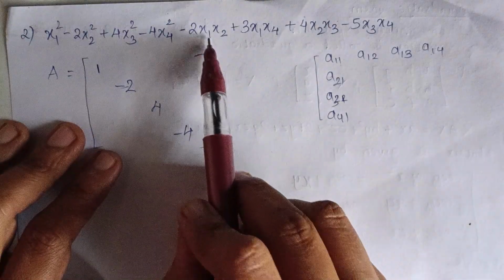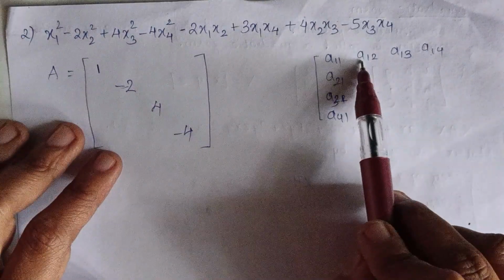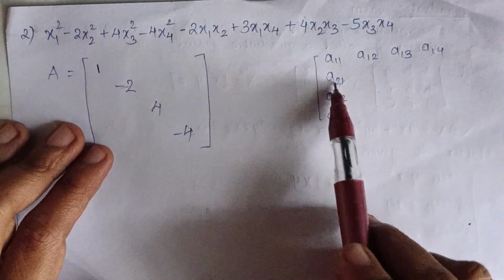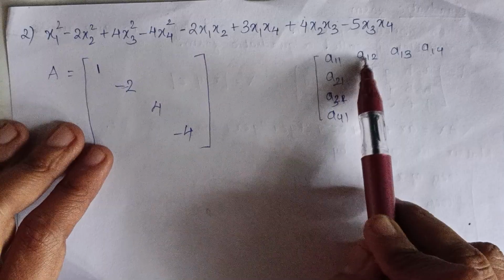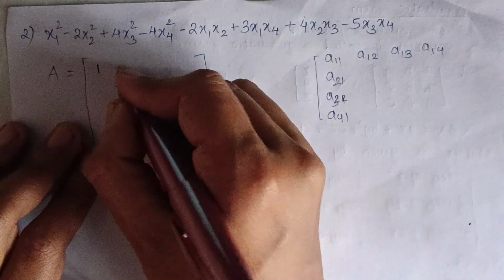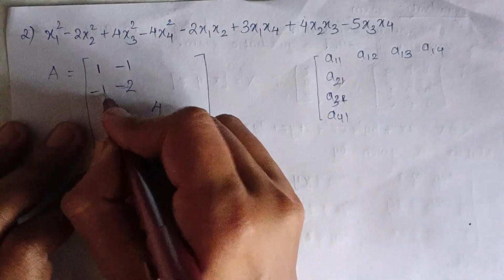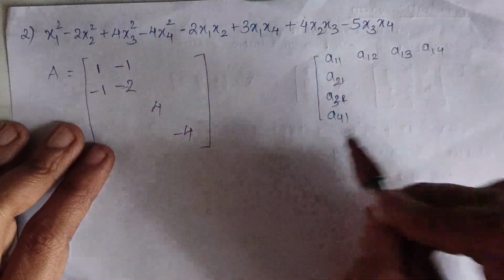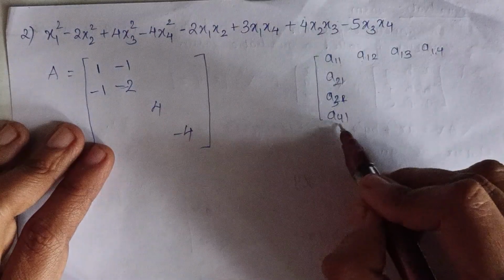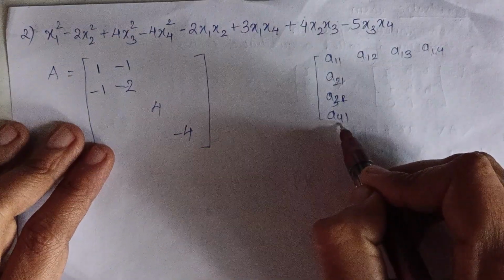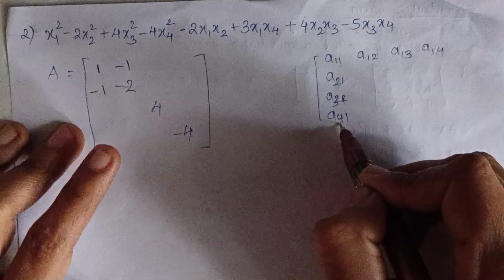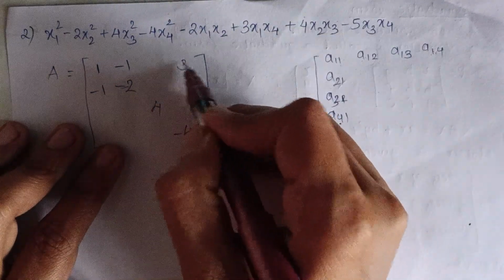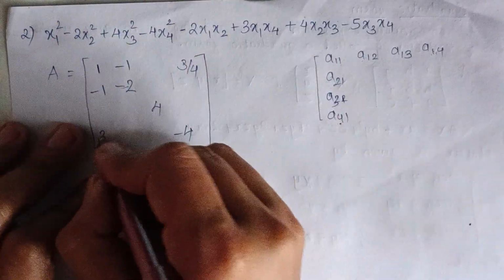Now this is 1, 2, so this element is this. 1, 2 and 2, 1 are both the same. Divide by 2 you have to do, so it is minus 1, minus 1. So this is done. 1, 4 means this element and this element. Divide by 2. Last element: so 3 by 4 and 3 by 4.